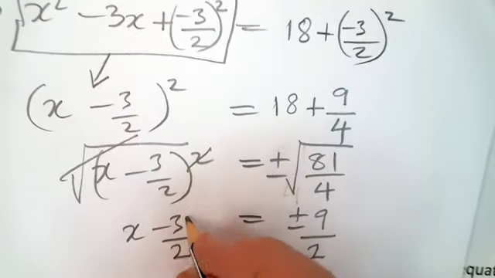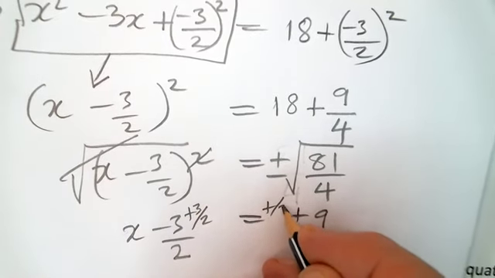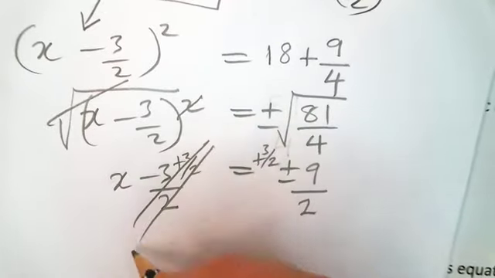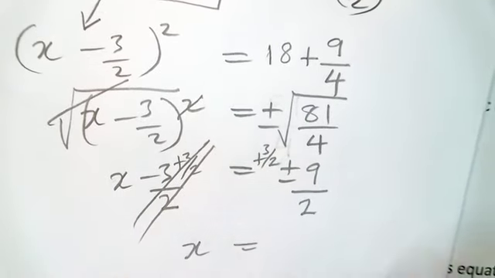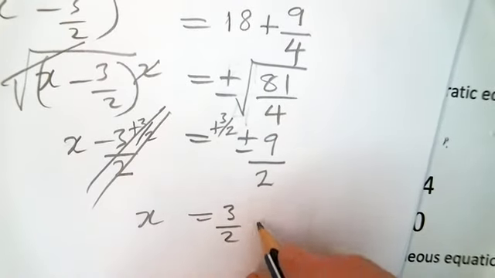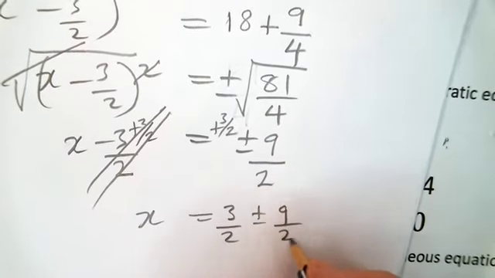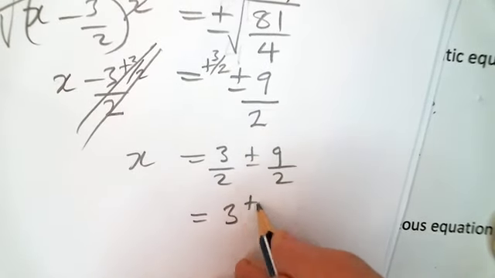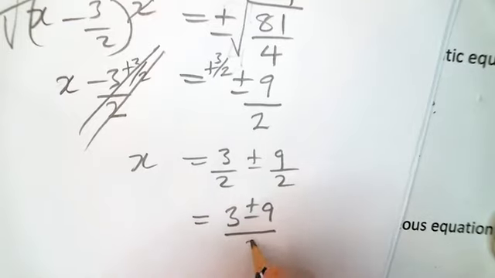Now I'm going to add 3 over 2 to both sides. Of course, negative 3 over 2 and positive 3 over 2 is 0, leaving me with an x. And now I'm left with 3 over 2 plus or minus 9 over 2, which is the same as saying 3 plus or minus 9, all over 2.